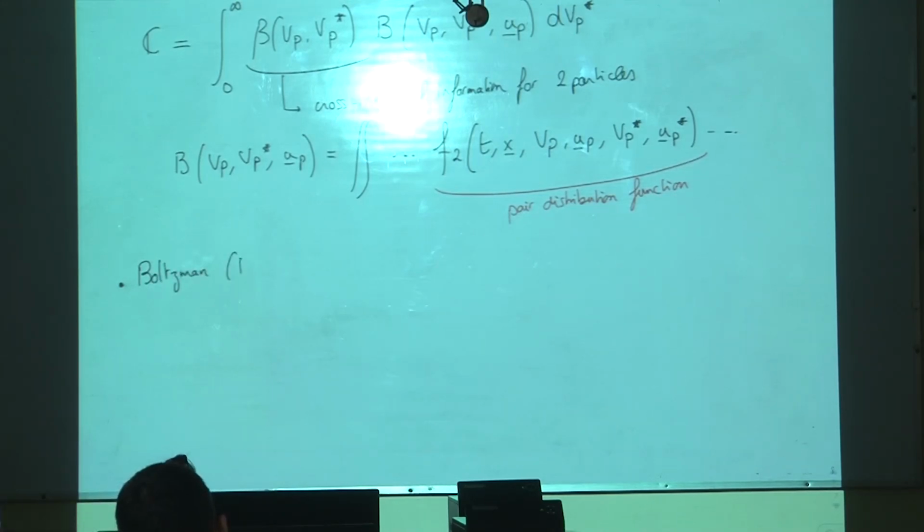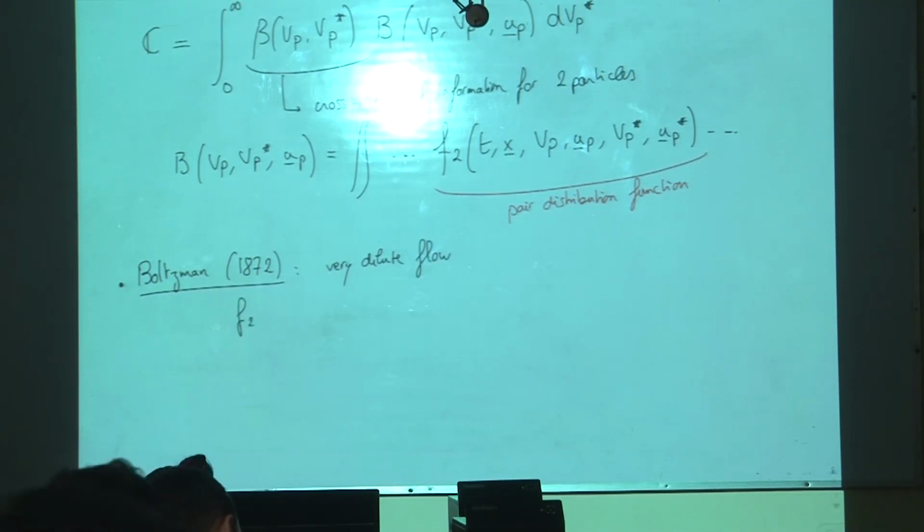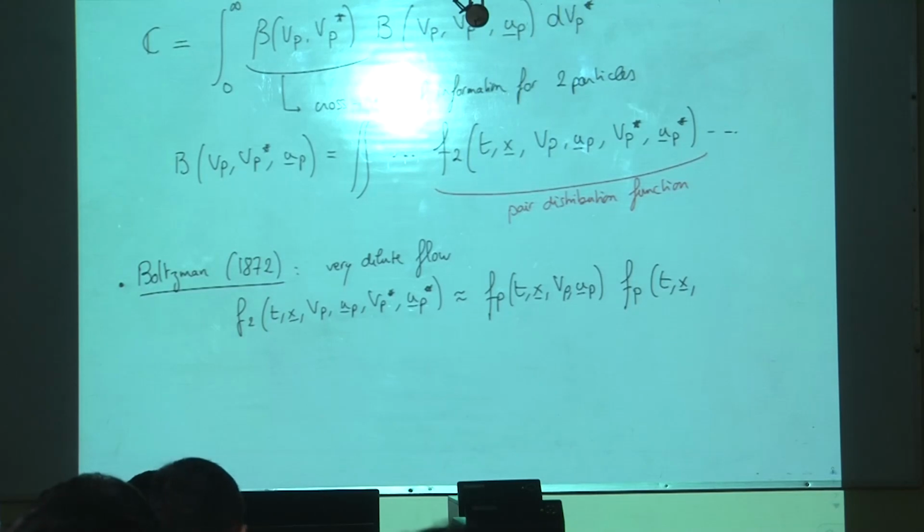So Boltzmann, back in 1872, proposed for very dilute flows the simple approach where this pairwise distribution function for the particle P and the particle P star, you could approximate as the product of our NDF, f sub p, at t, x for particle Vp with velocity up, times the same NDF at the same position for particle Vp star with velocity up star.